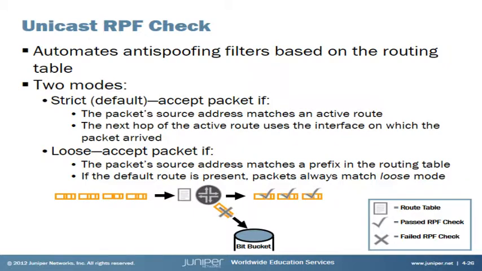In other words, it's probably dodgy, it's probably bogus. If we don't have in our routing table any information of how to get to that network, we can't possibly be getting traffic from that network. And the next hop should use the interface on which the packet arrived as well.